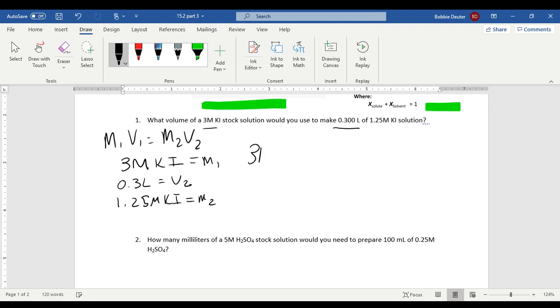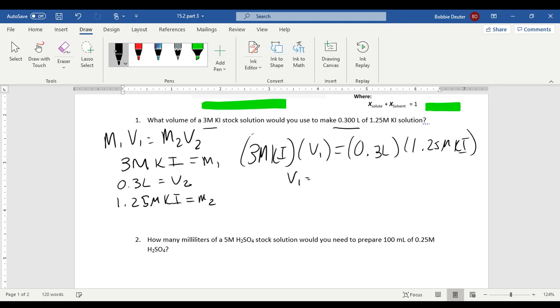So what we do is we start with our 3 molar KI over here. We're going to look for how much of that we need, so that would be our volume 1. We set that equal to what they want us to find. We need to make 0.3 liters, and we need to have 1.25 molar KI for that solution. And so this is a pretty easy one. We would have 0.125 liters of 3 molar KI needed, or that would be 125 milliliters.